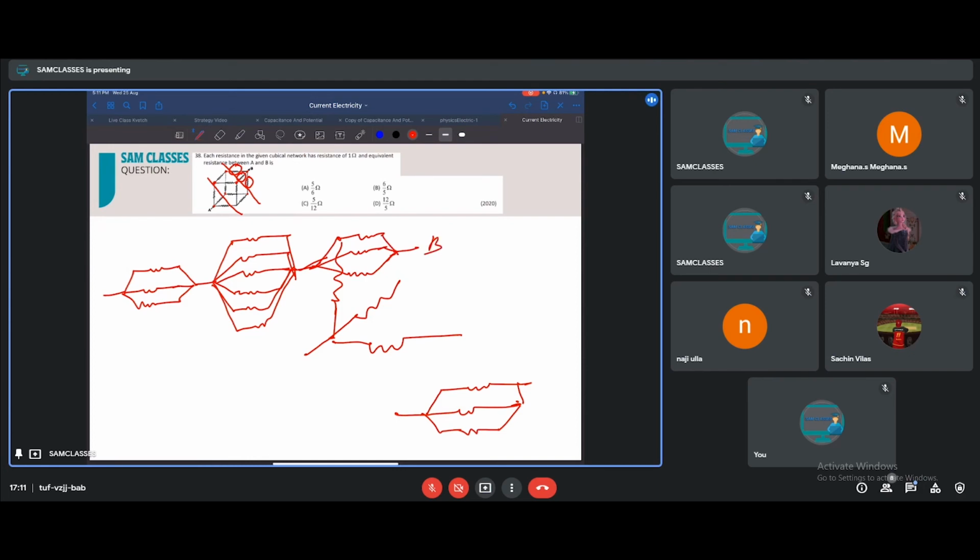That's the whole connection from A to B. If you're able to visualize the symmetry, you'll see first 3 in parallel, then 6 in parallel connections, then the next 3, total 12.